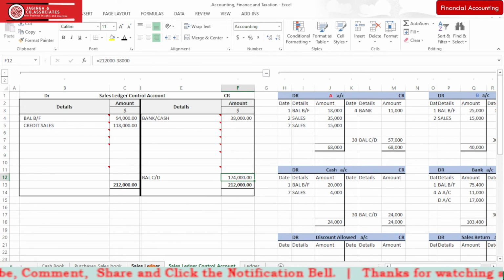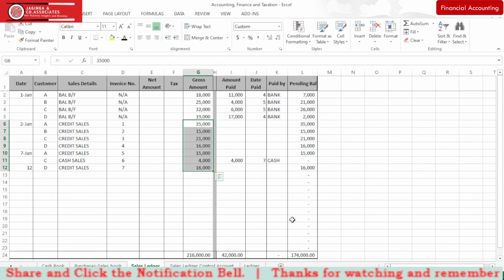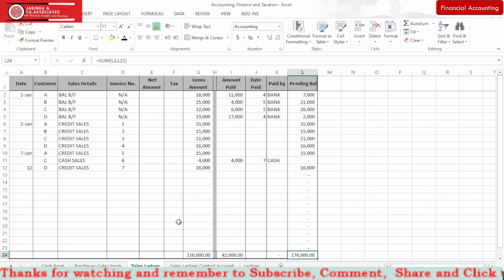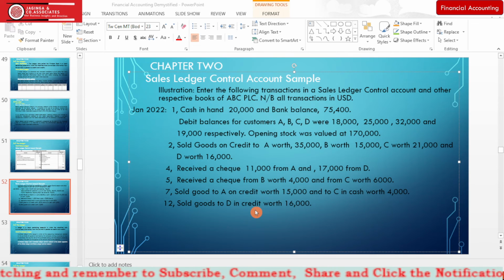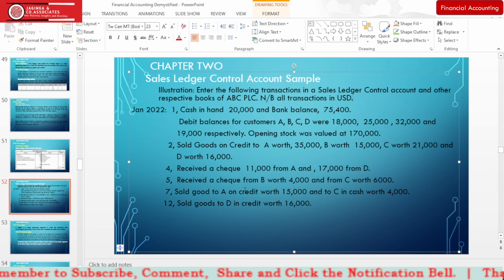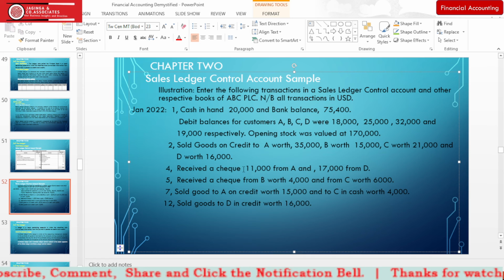So when we check our sales ledger control account, the balance carried down is 174,000. So our sales ledger control account, checking the arithmetical accuracy of the sales ledger, is correct. So ladies and gentlemen, I hope it was a good exercise. We learned and we compared the sales ledger control account and sales ledger, and all was fine.